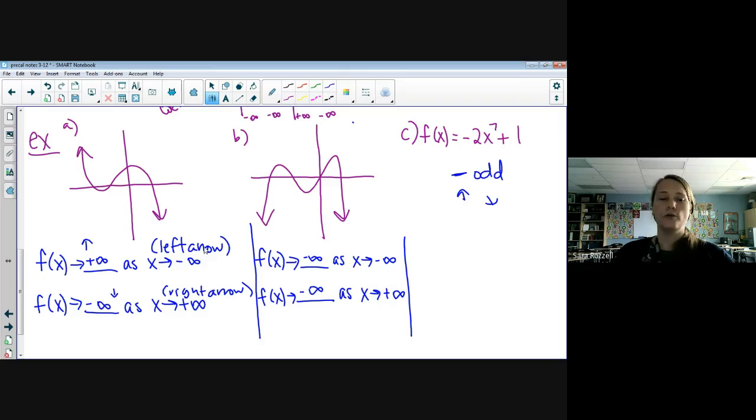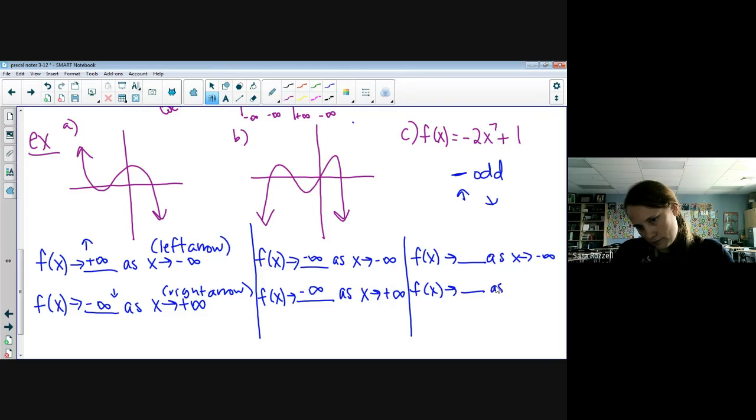This was a negative odd, which is exactly the same as the first one that we just did. So our f of x, I don't like to do this part until I have the whole statement. So as x goes to negative infinity, that means the left-hand side, it's going to be a positive.